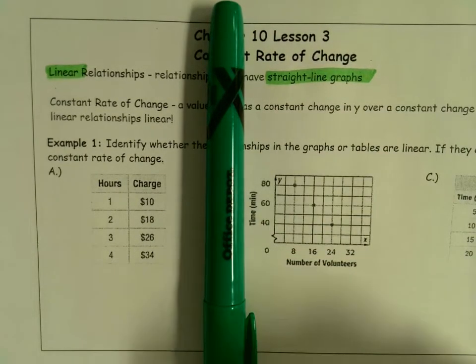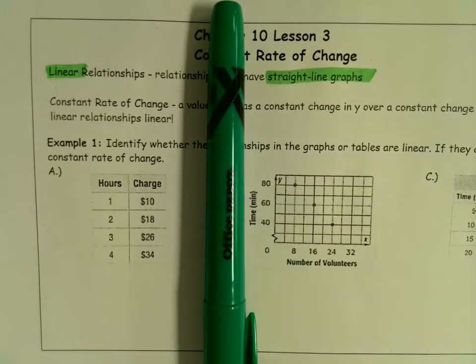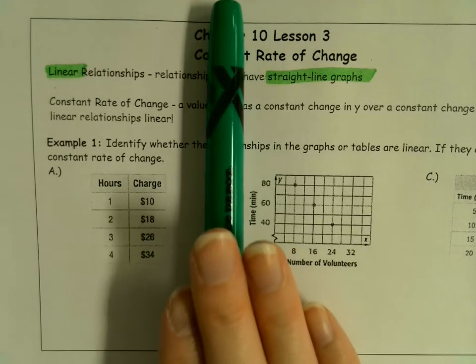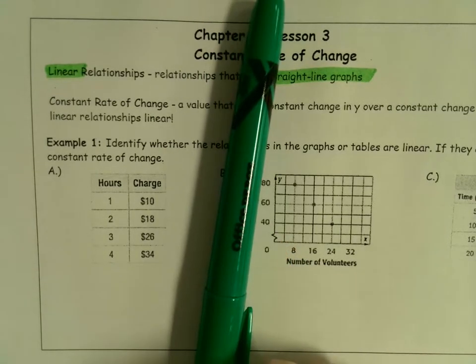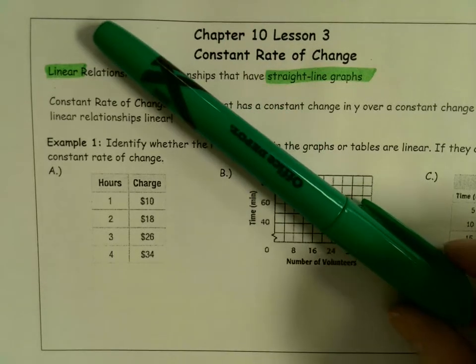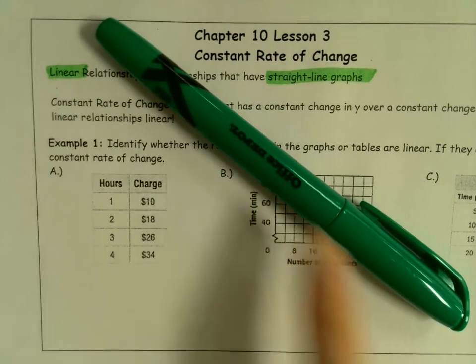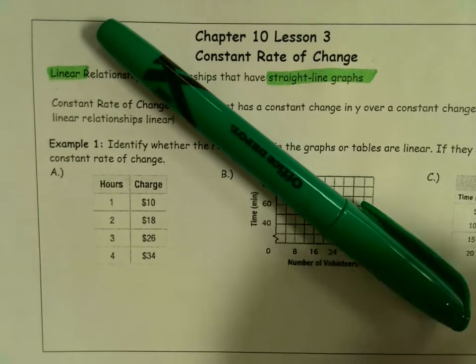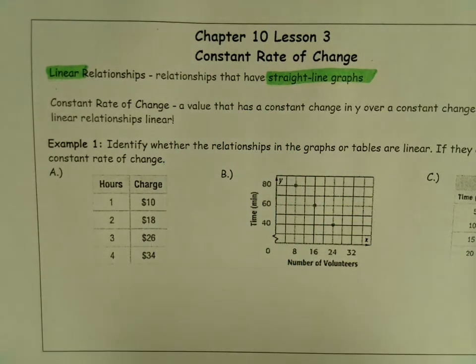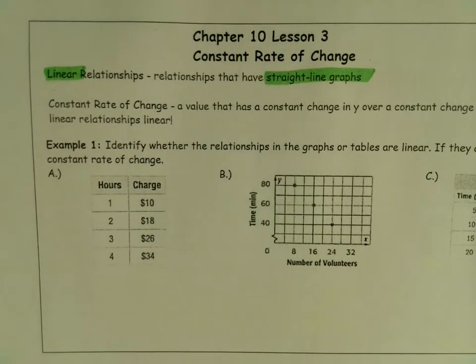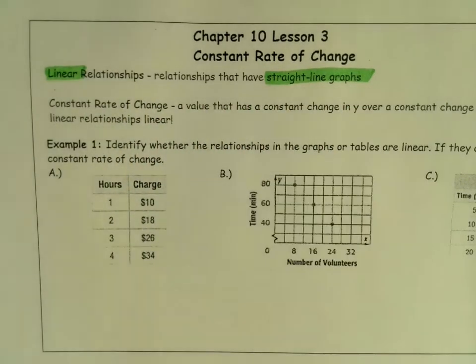If I draw a vertical line here, I'm going to pass over it at every point. That means that it is not considered to be a function. Okay, it is linear, but it's not a function. Linear functions are straight paths that are not at an exact vertical relationship. Now, you can have vertical lines, but again, it would not be a function. Okay, so linear relationship, straight lines.